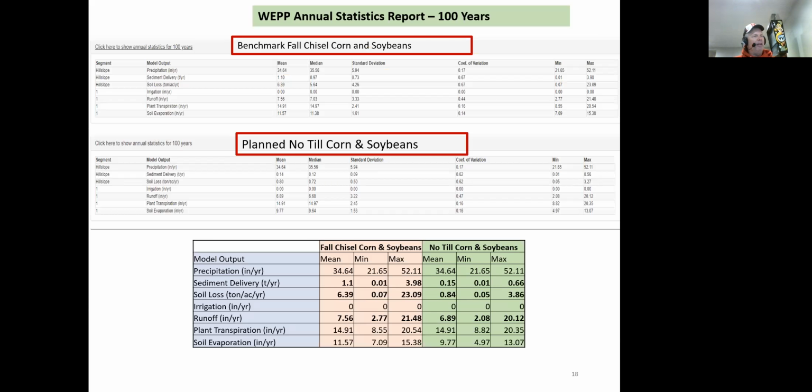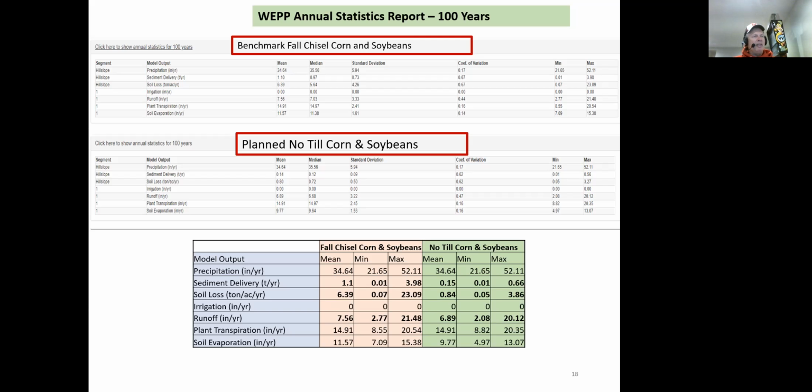Here's an example of the information that can come out of that. This is from WEPP. Again, you can see the basic statistics for a conventional corn, soybean tillage system and a continuous no-till corn, soybean system. What would we expect for sediment delivery, for water quality purposes, for soil loss, for runoff, plant transpiration, irrigation if it happens to apply?